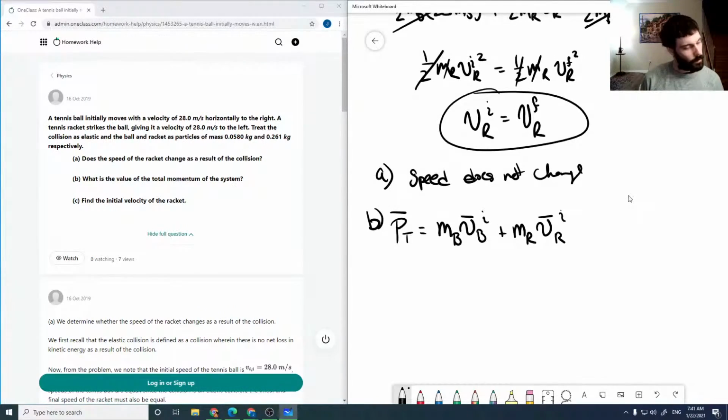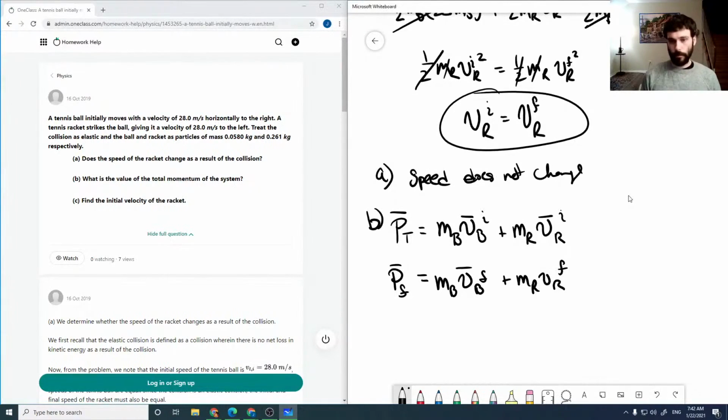And so I'm not sure how to do this without actually knowing our racket's velocity. So use our final momentum, which is mass of the ball, velocity of the ball finally, plus mass of our racket, velocity of our racket finally.